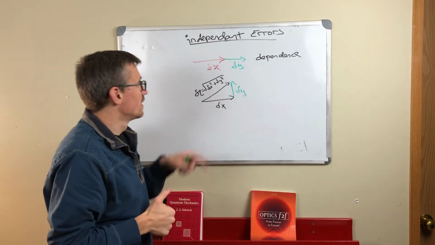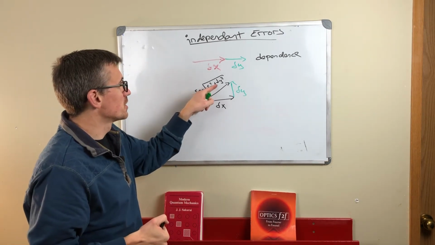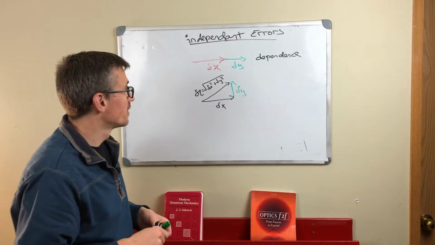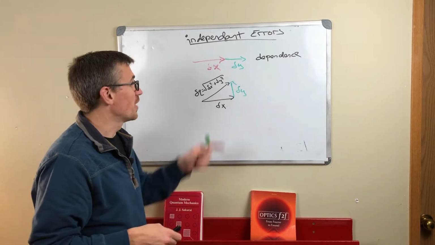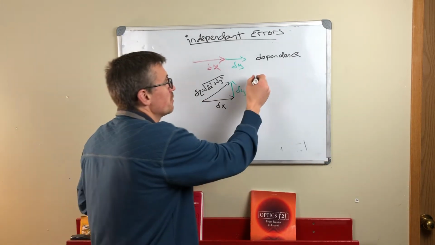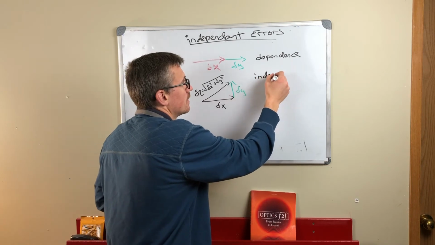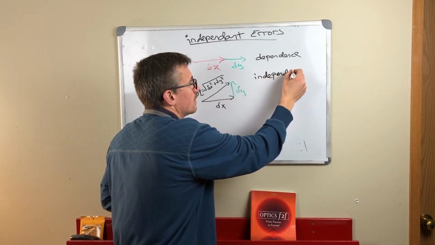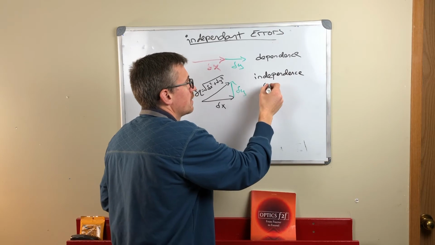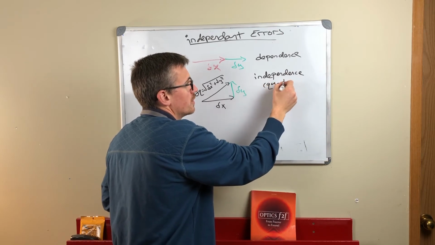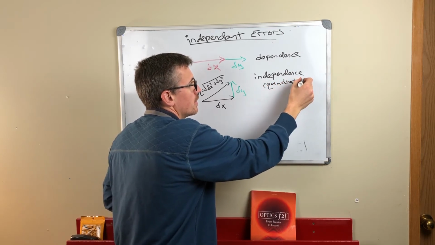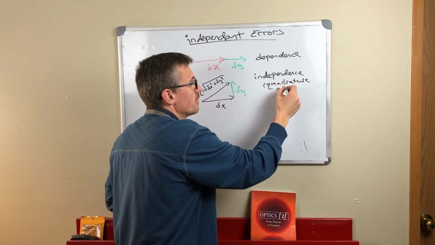Okay? They're independent. So delta x squared plus delta y squared equals delta q squared. By the way, this is called adding in quadrature. This is independence, and we have what's called quadrature addition.